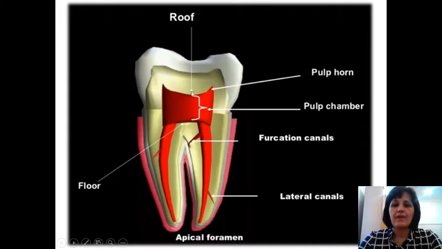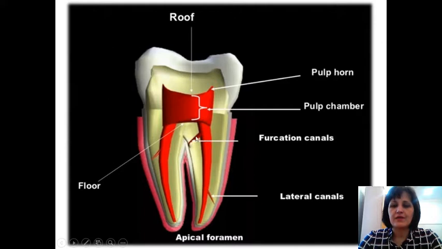The number and structure of the pulp horns depend on the anatomy of the tooth. And also in the pulp chamber there is the floor of the pulp chamber, and the anatomy of the root canal.